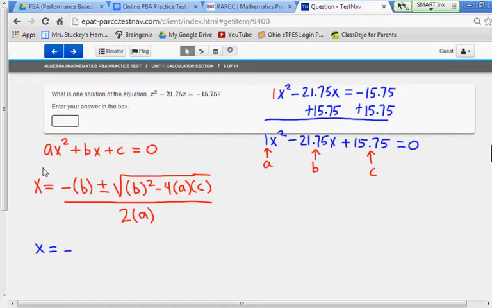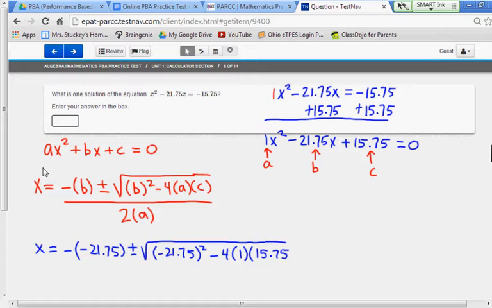X is equal to the opposite of negative 21.75 plus and minus the square root of negative 21.75 quantity squared, squaring a negative number there, minus 4 times a, which is 1, times c, which is 15.75, and that whole quantity there needs to then be divided by 2 times a, which is 1.